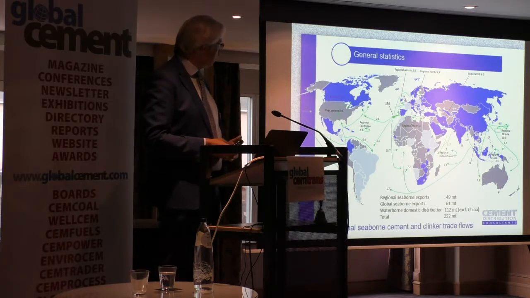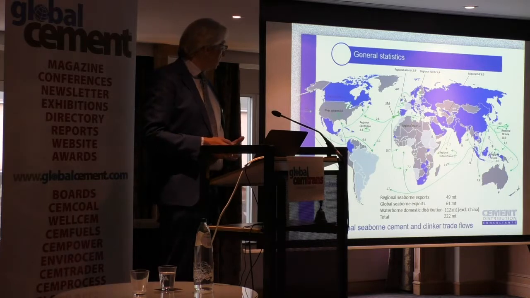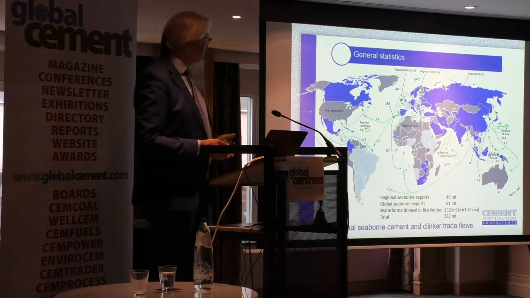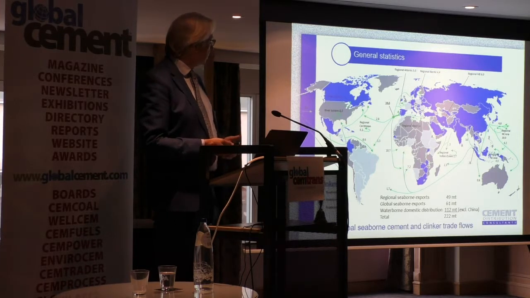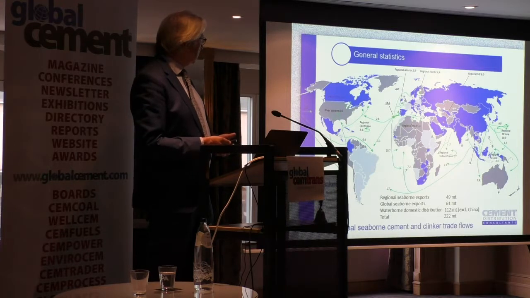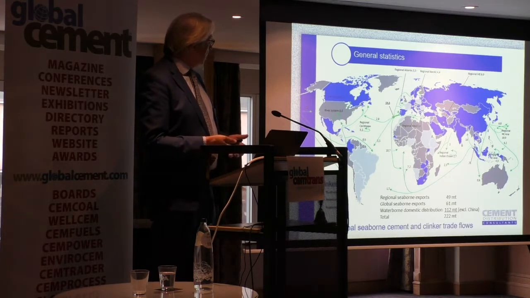They're not importing or exporting large volumes. This is the 2015 map, which had a total of 110 million ton trade, both regional and global, and the waterborne domestic distribution 112 million ton.